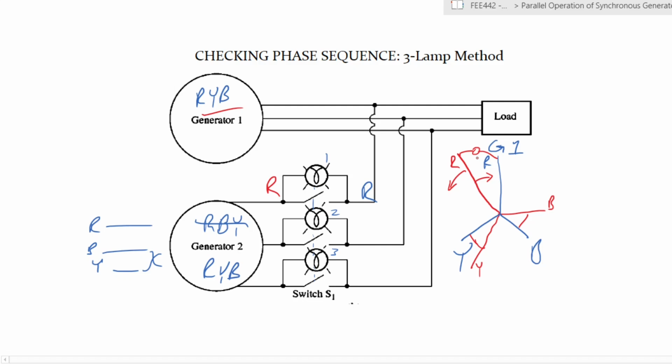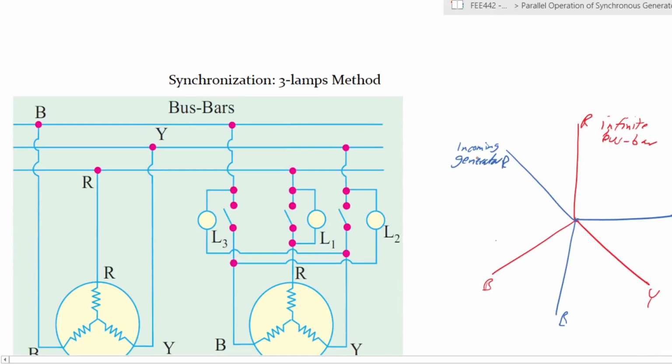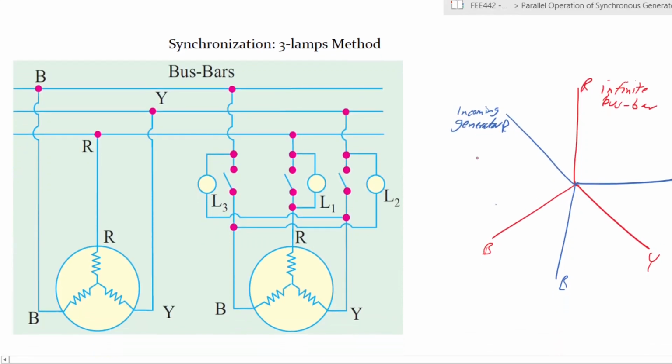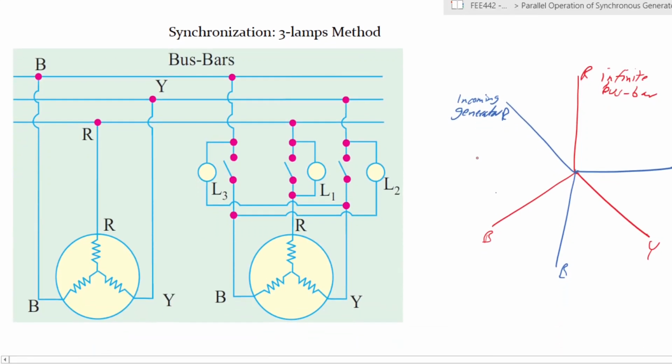So let's look at it a bit more in terms of proper synchronization. So when you have synchronization, now we have a slightly different setup, still with 3 lamps, but you can see they have been set up slightly differently. This illustration shows the wiring for a setup which we want to connect to.